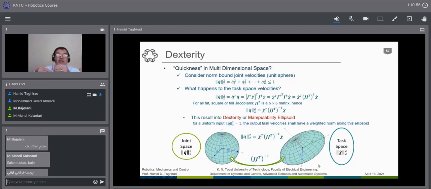It is so fast you cannot see that. In a different direction, it might in some direction be very slow, but in some direction be very, very high speed. And this ellipsoid shows how this will move. And we can define the dexterity out of this ellipsoid.